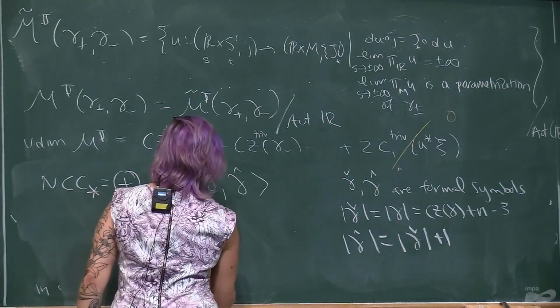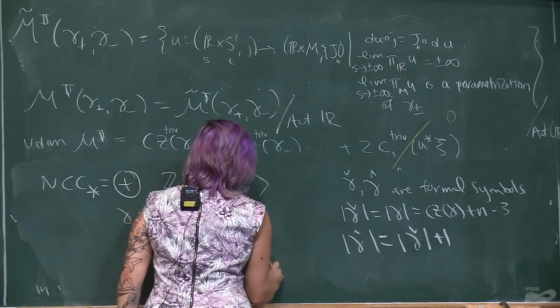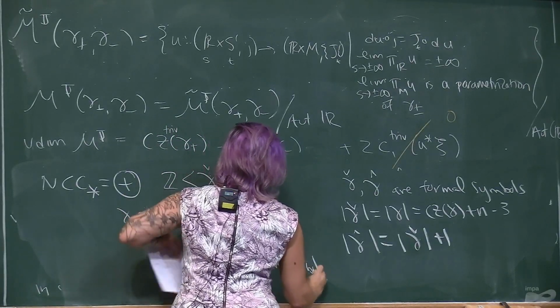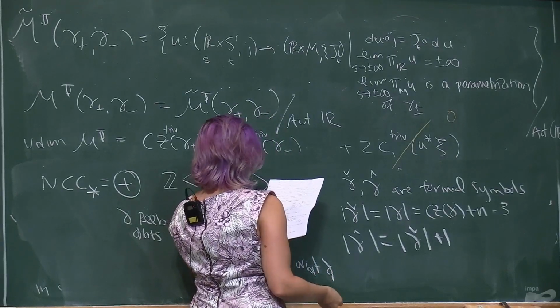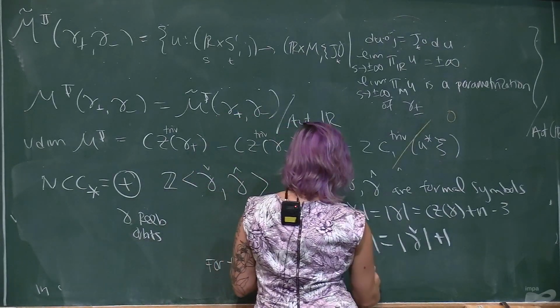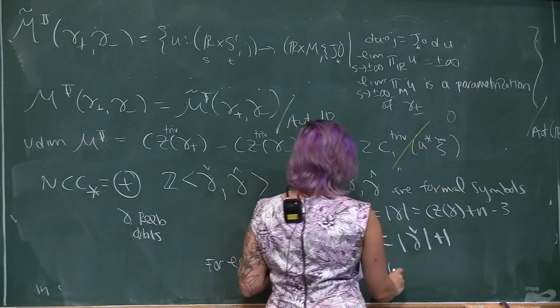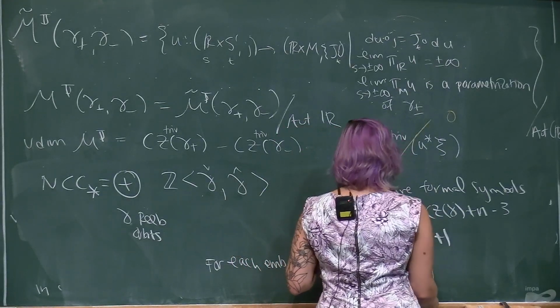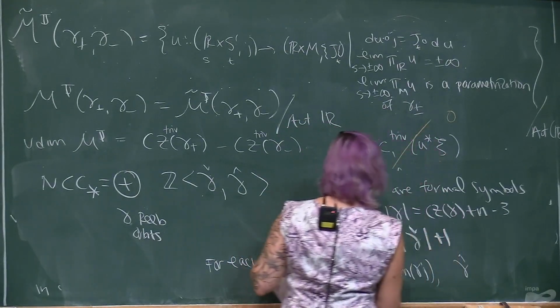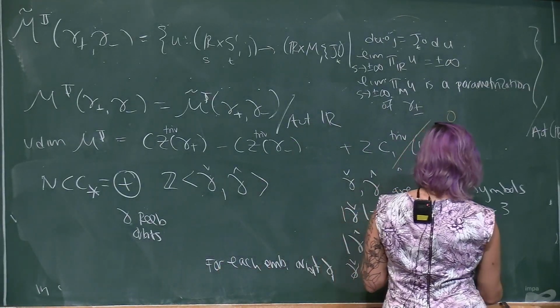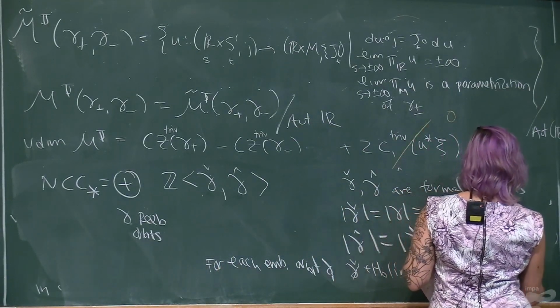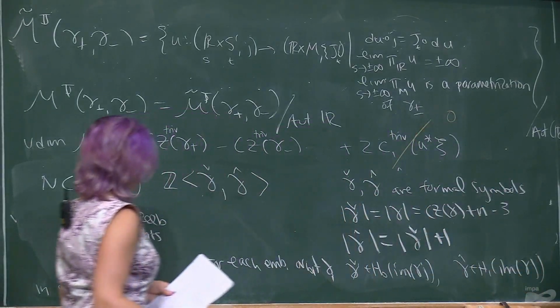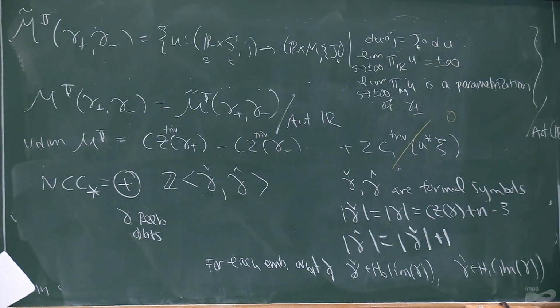For each embedded orbit gamma, you can think of gamma check as living in the 0th homology group of the image of gamma, and gamma hat as living in the 1st homology group of the image of gamma. So it's just a Morse-Bott construction, where we're not setting up the analysis to be Morse-Bott, we're just seeing what the formalism from Morse-Bott land should tell us about how to construct the differential.